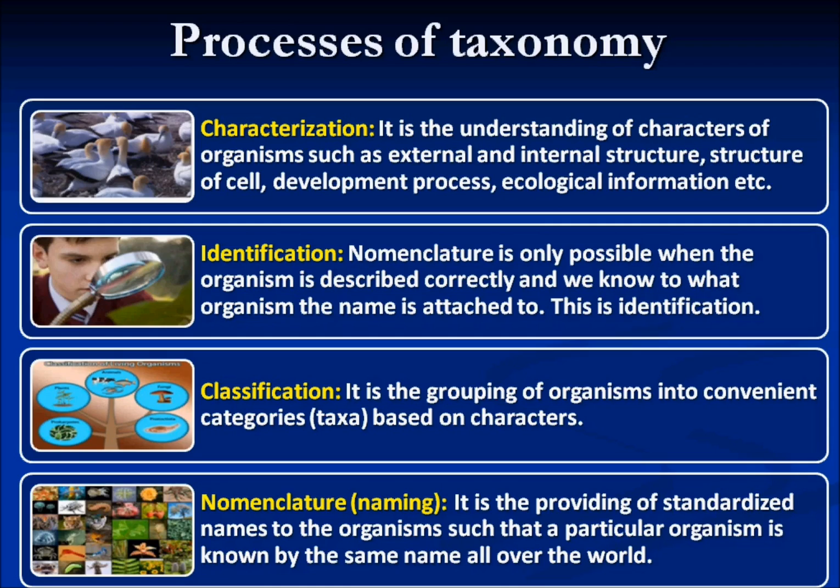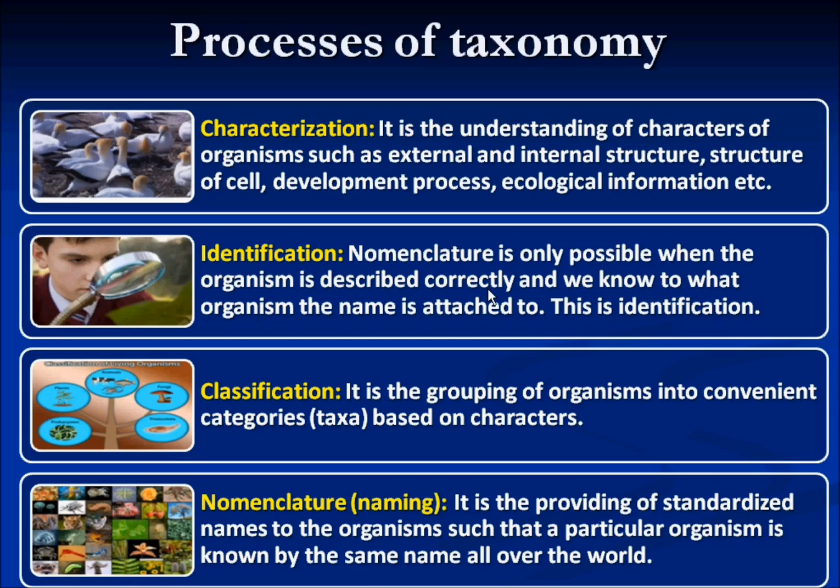Now the next step is identification. So this is possible when we have the nomenclature. Nomenclature is the naming of organisms. So nomenclature is possible only when the organism is described correctly.